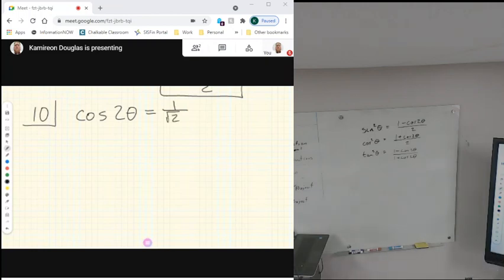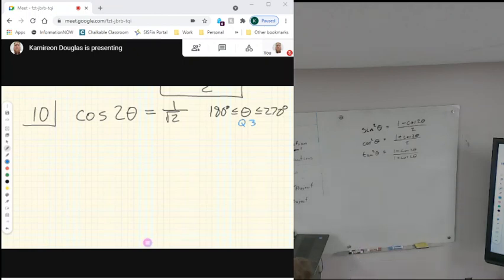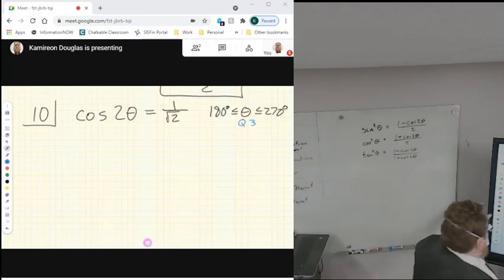And we were also told that theta is somewhere between 180 and 270 degrees, or in other words, that theta is in quadrant 3. So, in order to do this problem, I'm actually going to be forced to use a unique version of a formula. We want to find out what sine of theta is, what cosine of theta is, and what tangent of theta is.